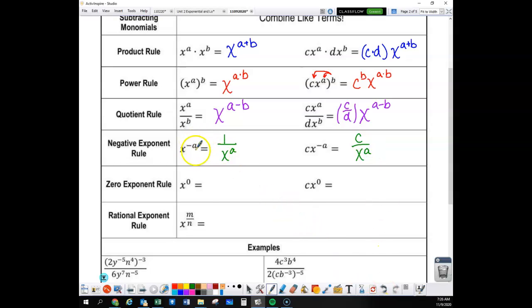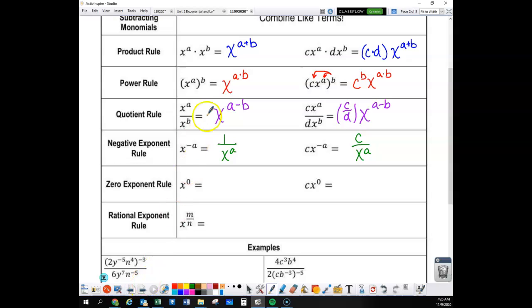So you still keep the a value. If this was negative 2, it would be 1 over x to the power of 2. You keep the number, you're just getting rid of the negative.